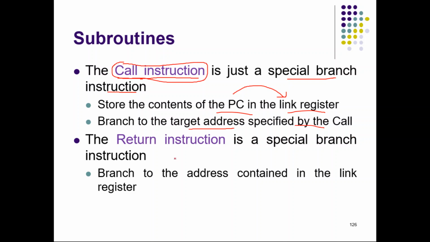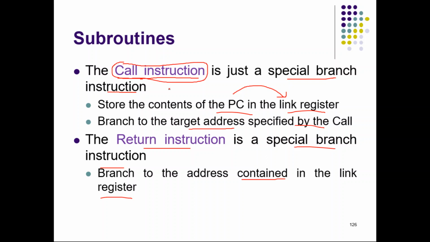Similarly, when the return instruction is executed, the control will go to the address specified in the link register. So both call and return instructions are special forms of branch instruction, and this is how they work.